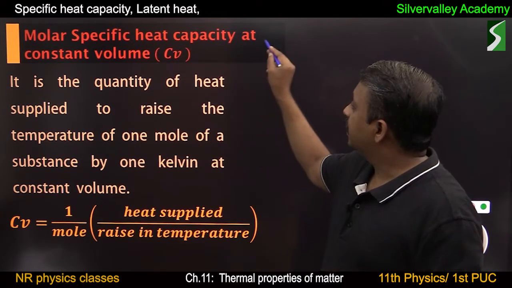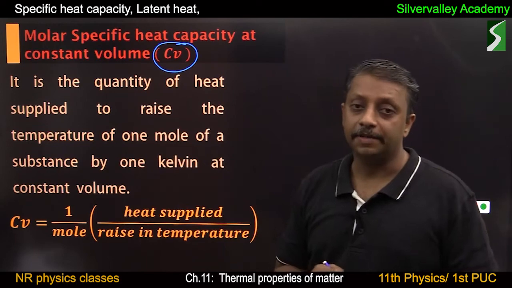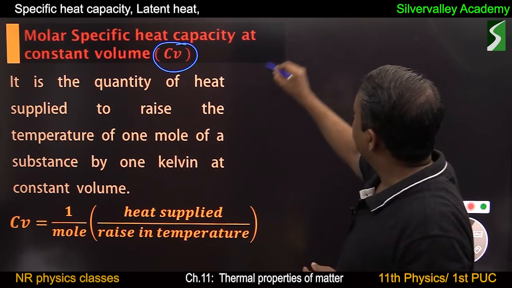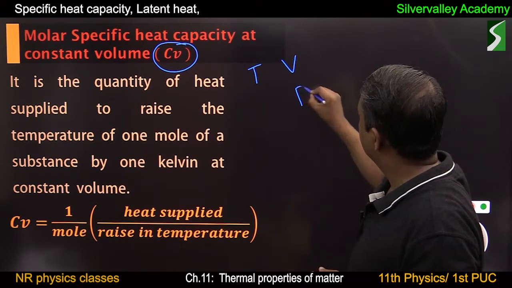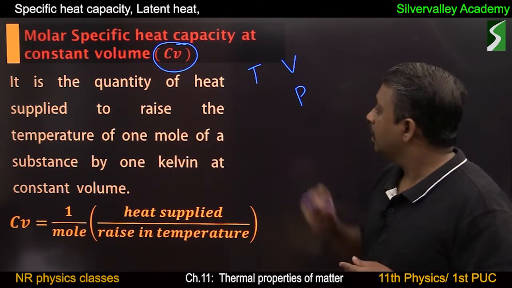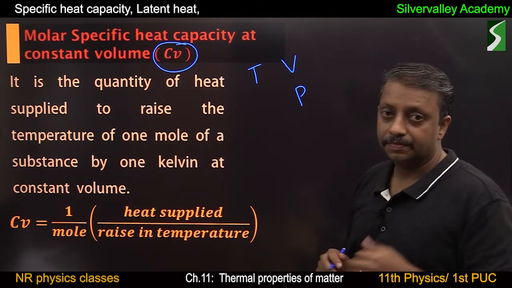Molar specific heat capacity at constant volume, denoted by CV. In the case of gases, temperature, volume and pressure are the variables. If you change temperature, volume also changes, pressure also changes, isn't it?